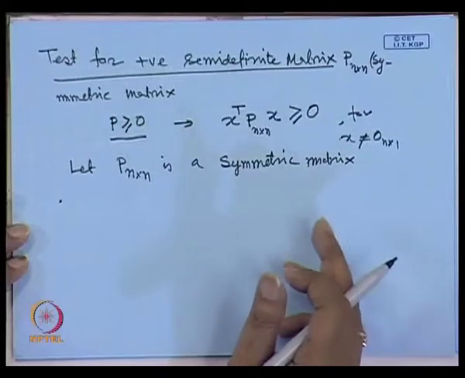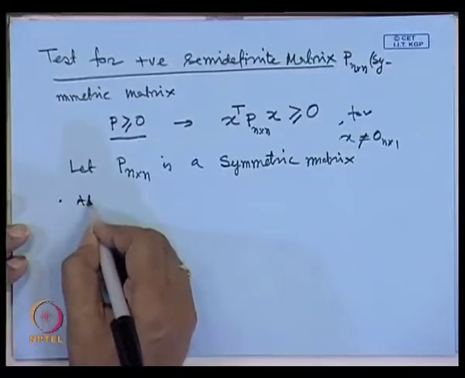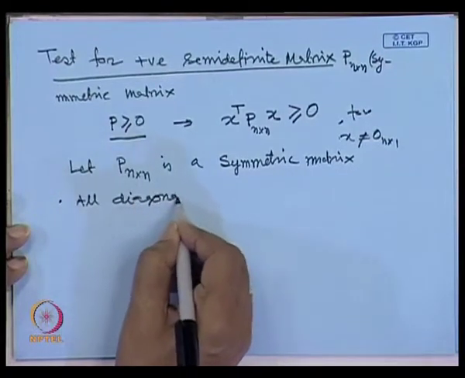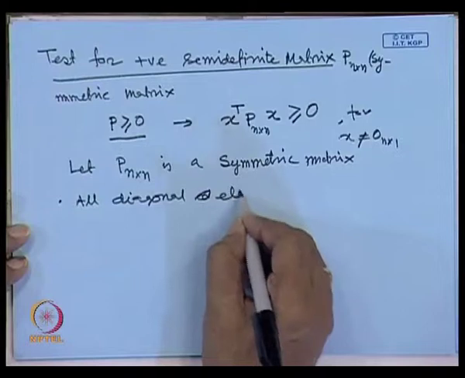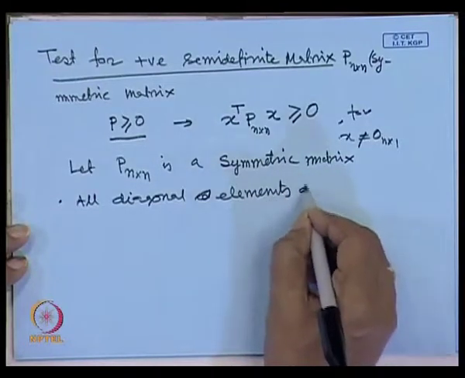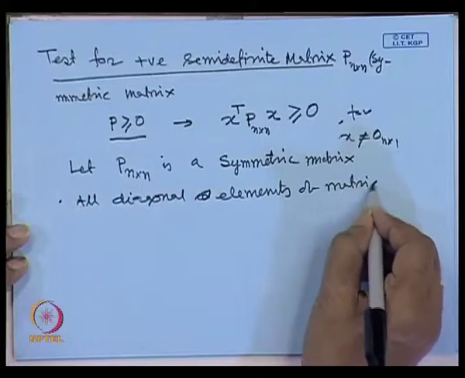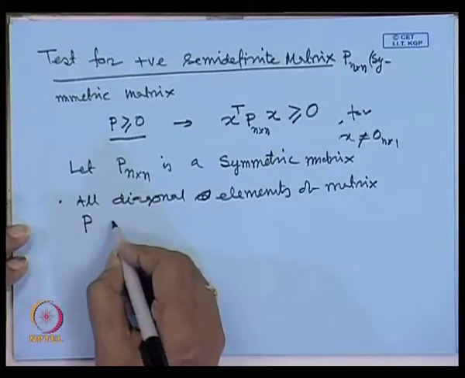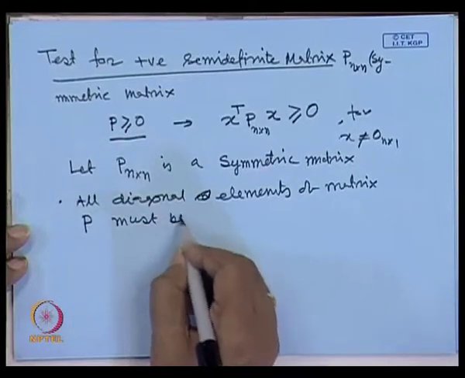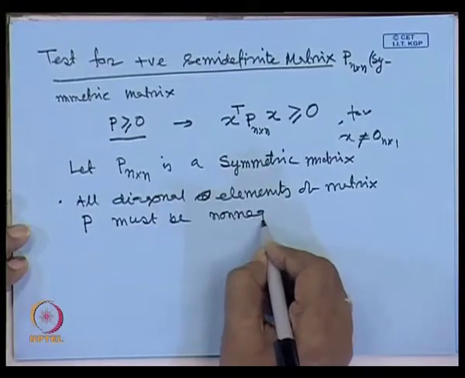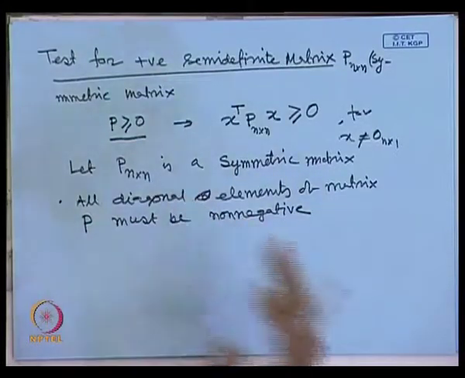So, all diagonal elements of matrix P must be non negative. Once the matrix is given, immediately I can say whether it is non negative. If it is non negative, then we can proceed further. Non negative means it may be positive, some element may be 0.